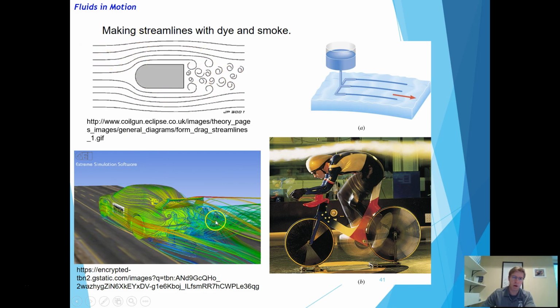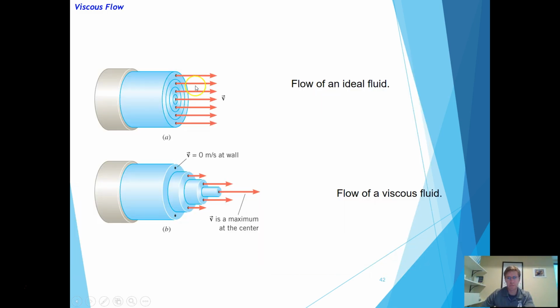And then here's a car with some computational fluid dynamics done, looking at the way air is flowing around it and its airfoil, trying to minimize the amount of turbulence behind the vehicle, because this turbulence behind, as we mentioned back in chapter 6, gives rise to air resistance.